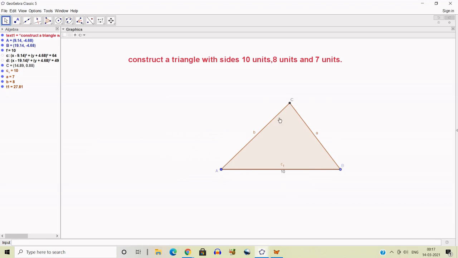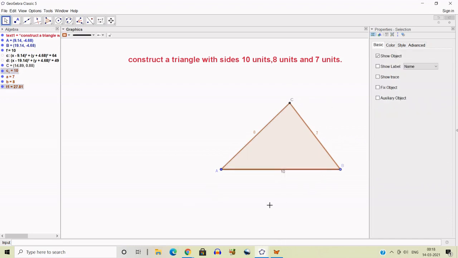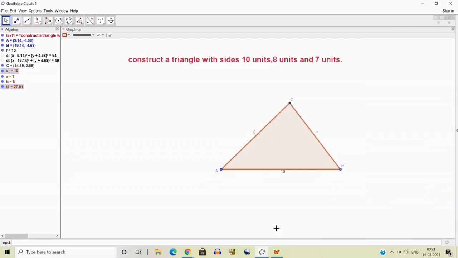Now we will rename this side with 7, so this is the required triangle ABC with AB 10 units, BC 7 units and AC 8 units. So students, I hope you understand how to construct a triangle when 3 sides are given. So I hope you will do similar problems. Thank you.